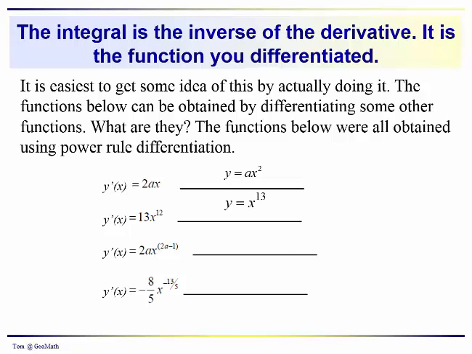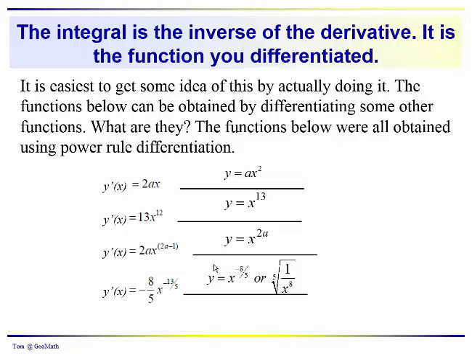We'll move through these pretty quickly, but we can see that if we have x to the 13th power, we take the derivative of y, bring the power down, 13 times x to the 12th, reducing the power by 1. For the next one, bring the power down, we have our 2a here, reduce the power by 1, 2a minus 1.